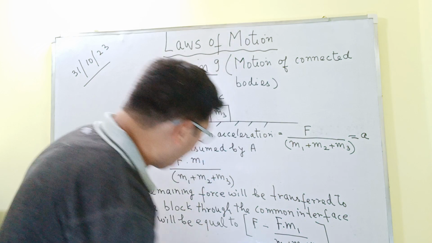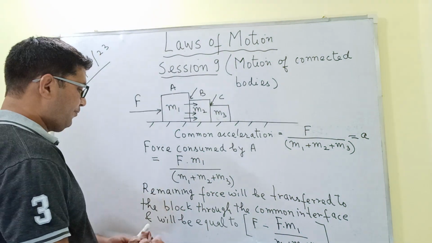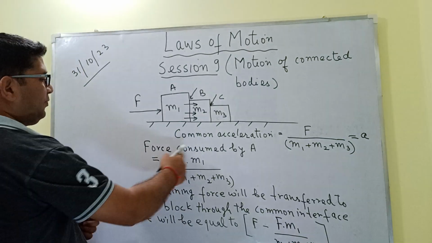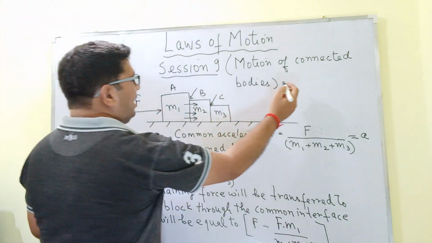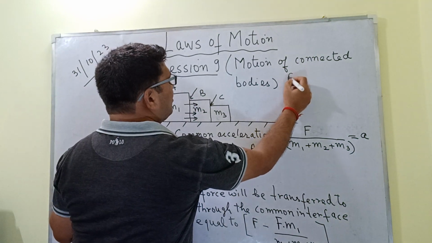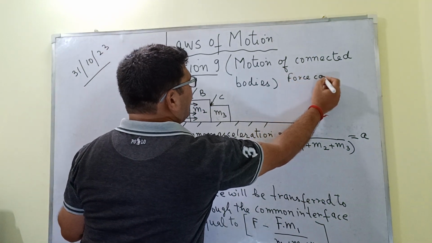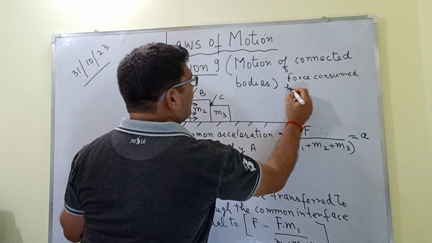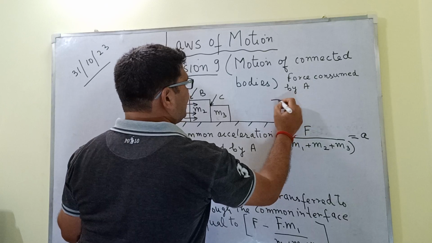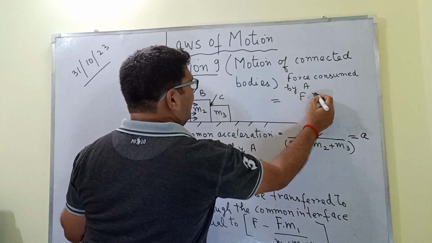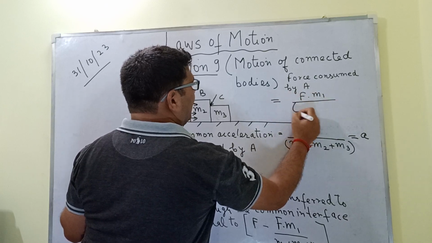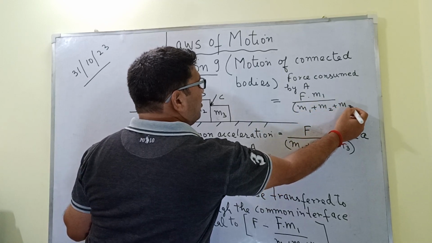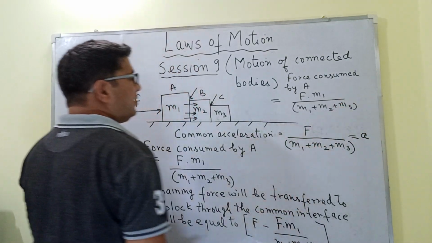So now I will solve this equation, and I will be writing it here. The force consumed by A is equal to F m1 divided by m1 plus m2 plus m3. ठीक है.